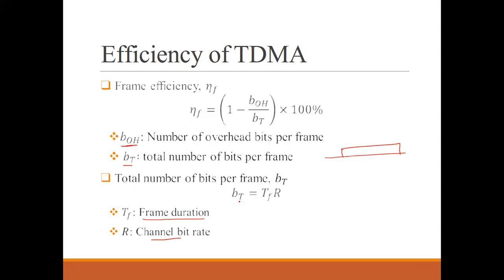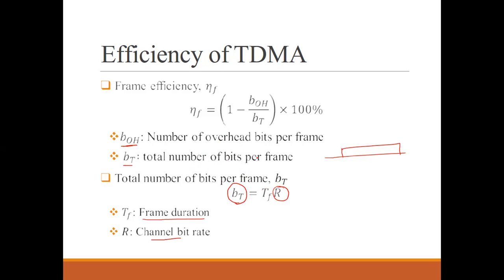So the total number of bits per frame will be the product of frame duration and the channel bit rate.